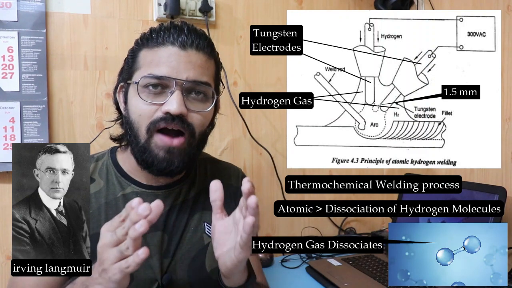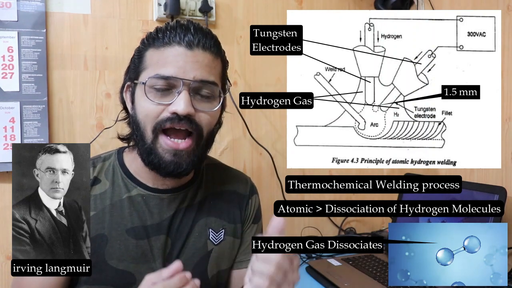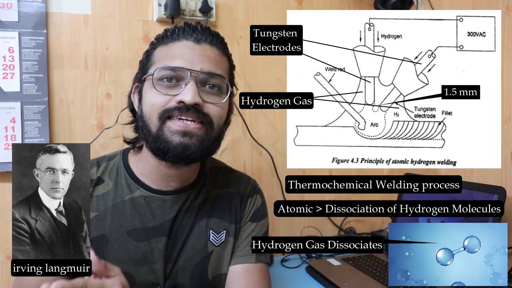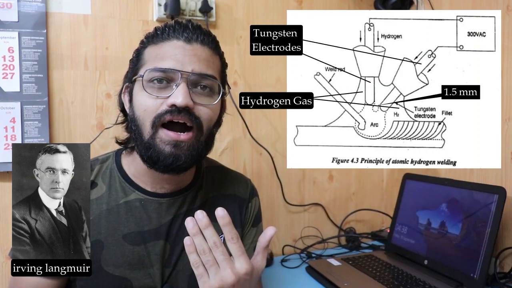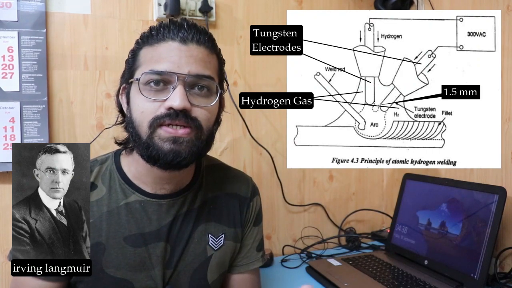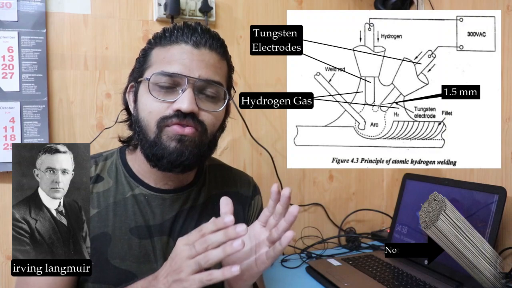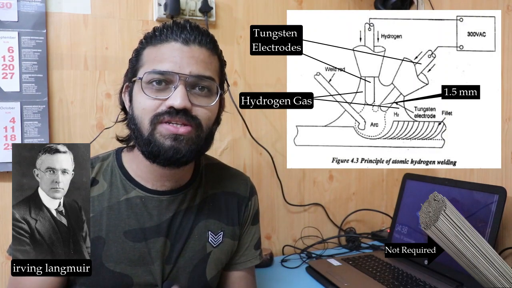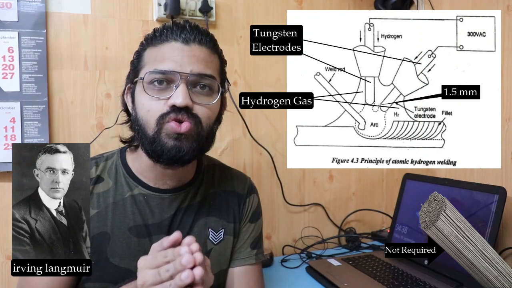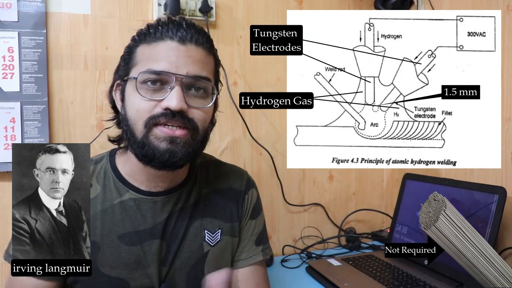Here, hydrogen gas and these two tungsten electrodes are the two important components in this welding process. A filler rod is not required because the hydrogen gas is used for two main purposes.